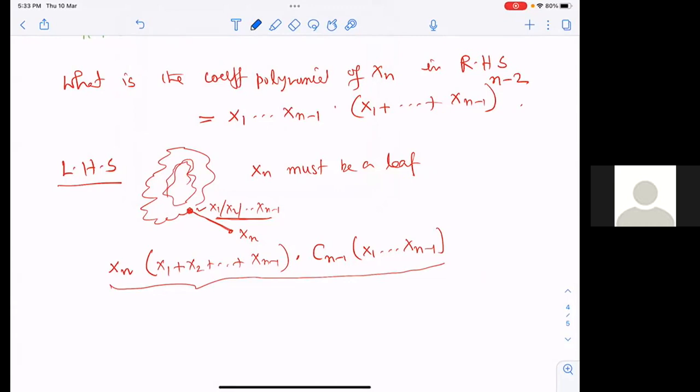And regardless of whatever it is attached to, on top, there are all possibilities of the trees on x1 to xn minus 1. Any doubt? Ask questions if you have any doubt.